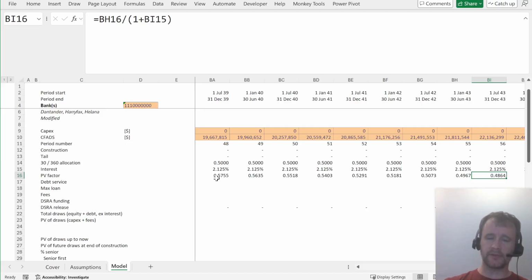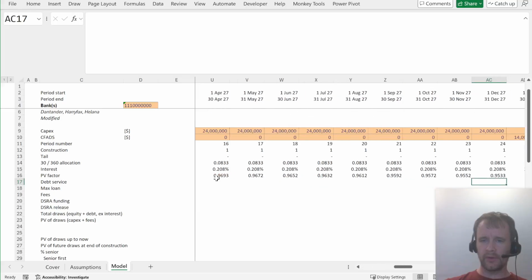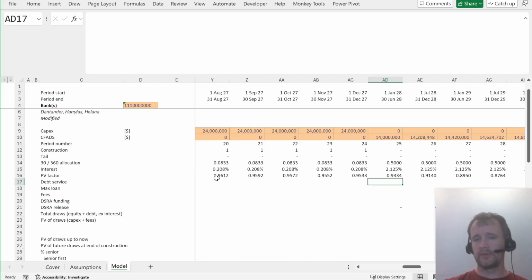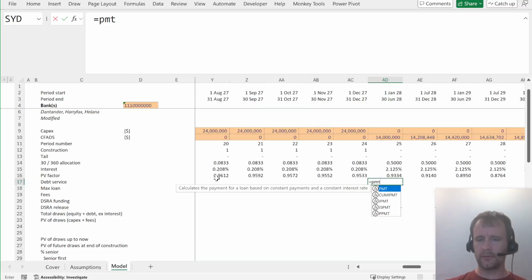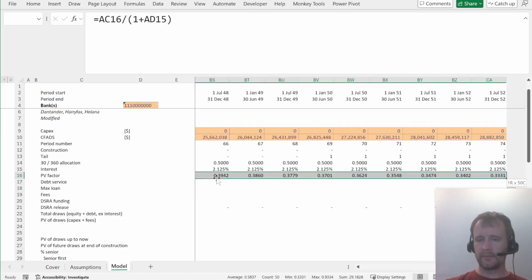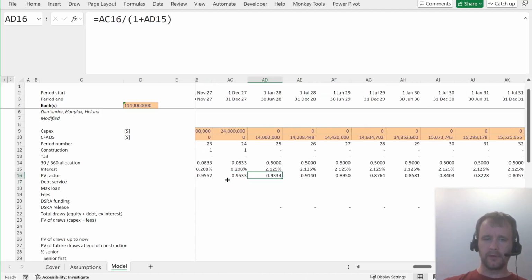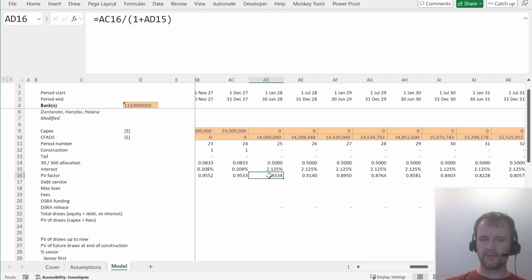This present value factor is very handy if you're working with mortgage payments. You can use the PMT formula to calculate a regular payment, but if you have payments of variable length or variable interest rate or anything like that, you can say this is the value toward the original balance of $1 paid in this period, in this period, in this period.